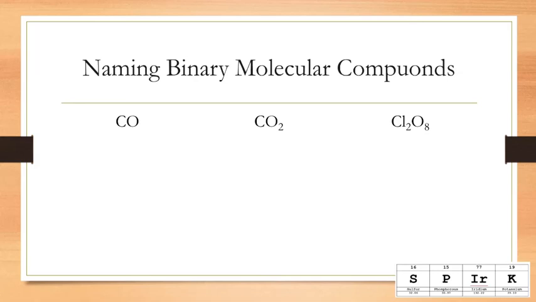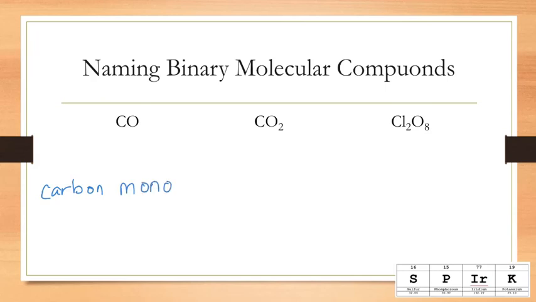Let's go the other way now and name them. Here we have CO, with one of each. Remember that if there's one of the first element, we don't use the prefix mono, so we just name this one carbon. We have one oxygen, so mono.